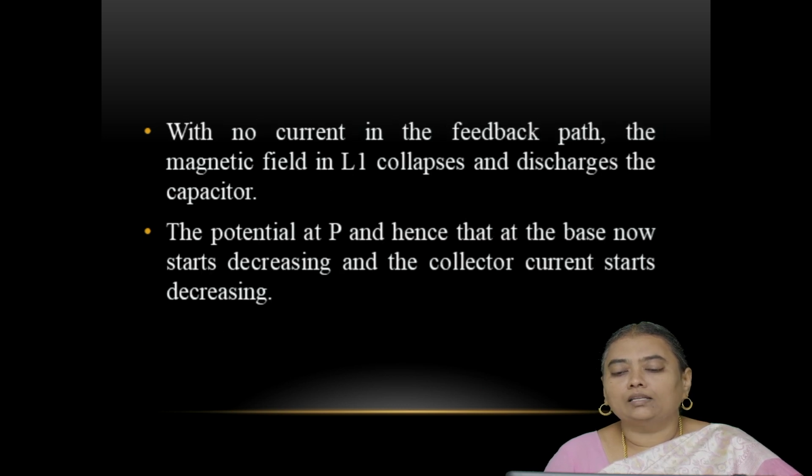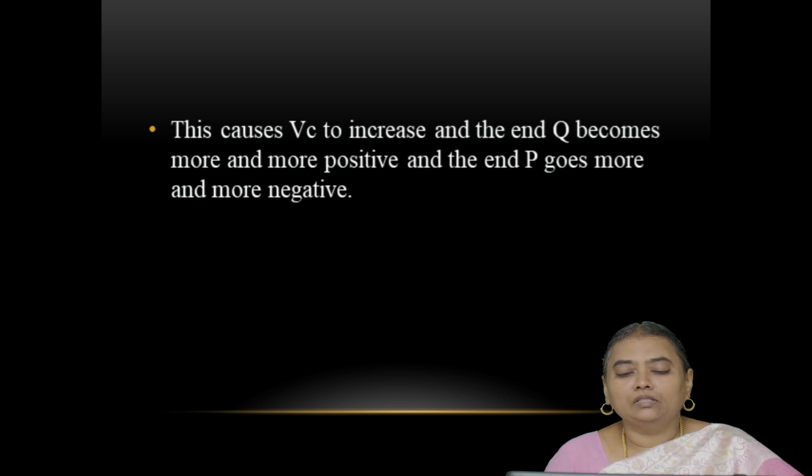With no current in the feedback path, the magnetic field in L1 collapses and discharges through the capacitor. The potential at P and hence that at the base now starts decreasing and the collector current starts decreasing. This causes Vc to increase and Q becomes more and more positive and P goes more and more negative.